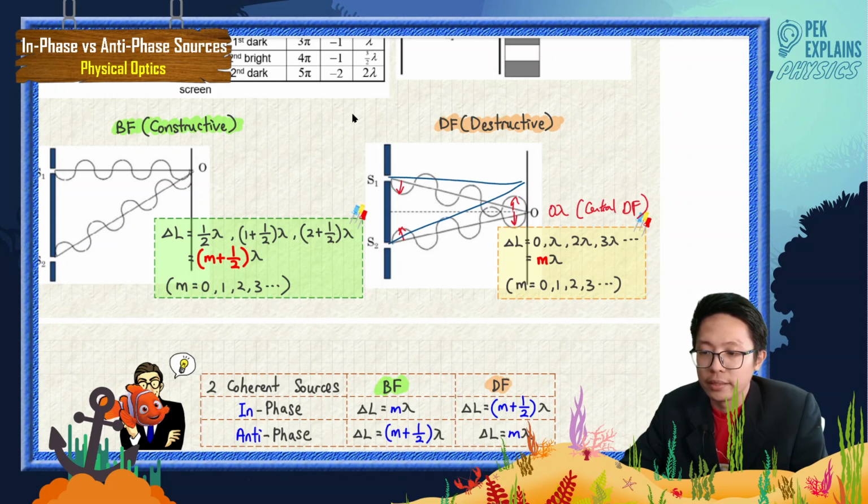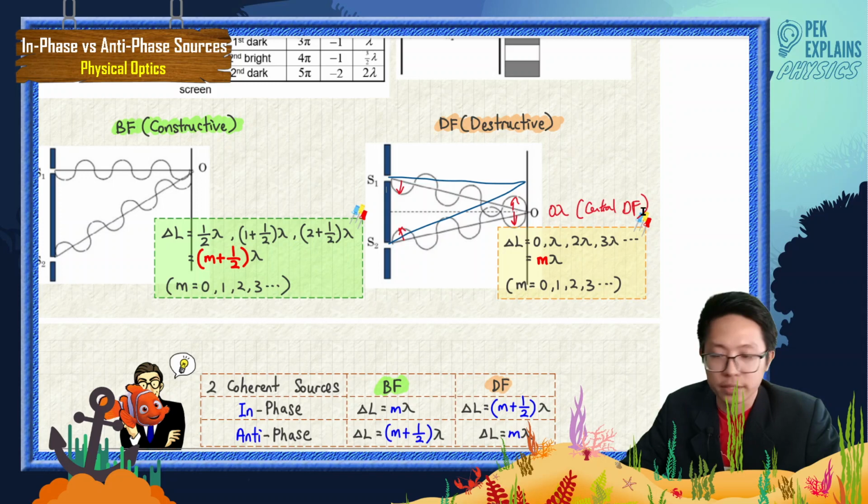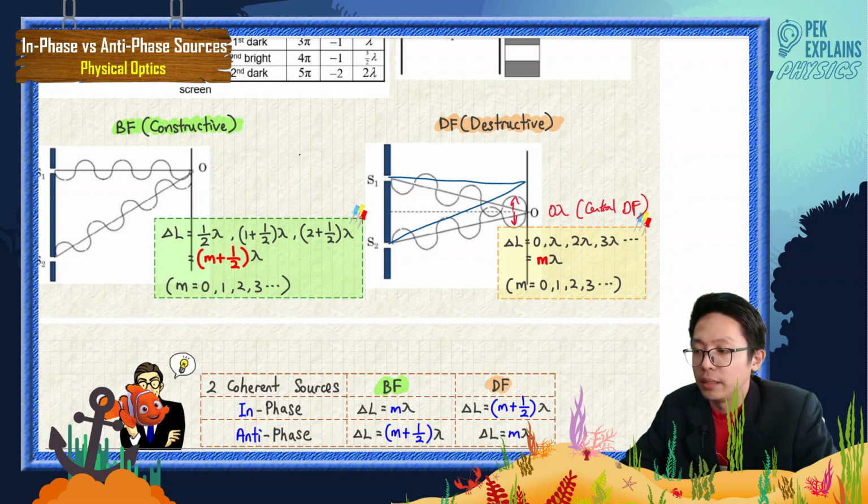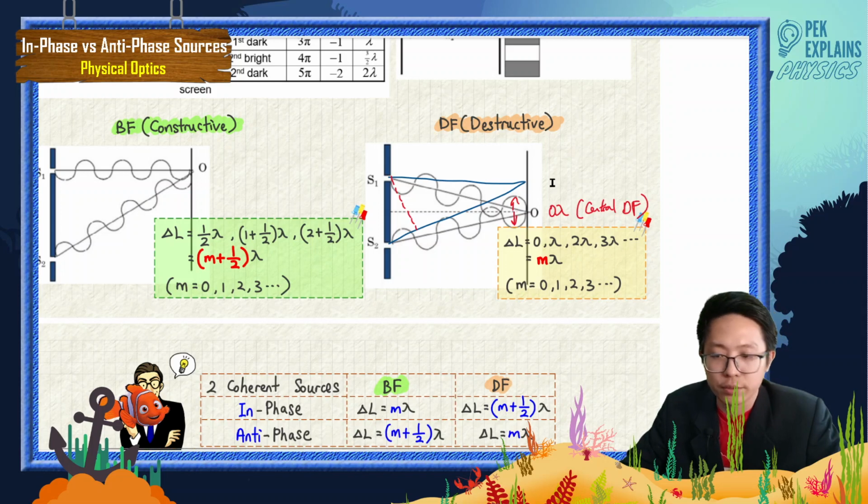For 0 lambda already forms central dark. That means the next one should be 1 lambda.